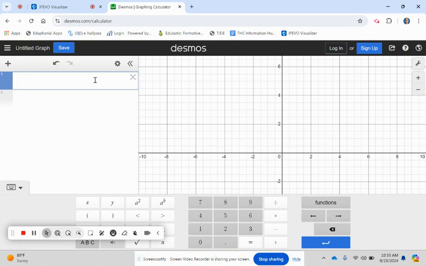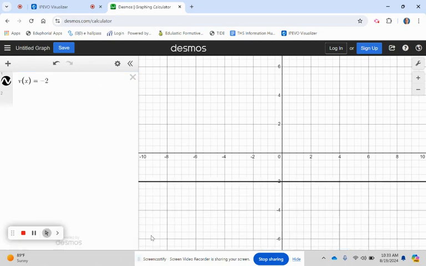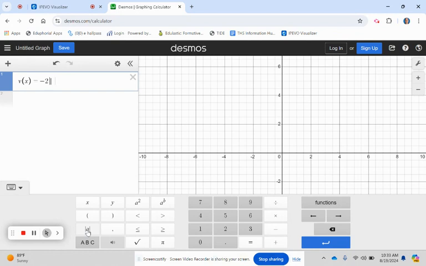So we have v of x equals negative 2 absolute value of x plus 3 plus 1.